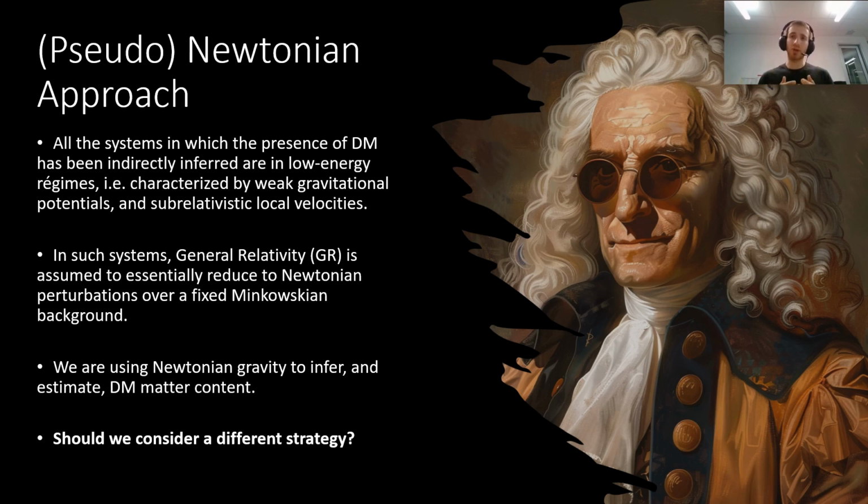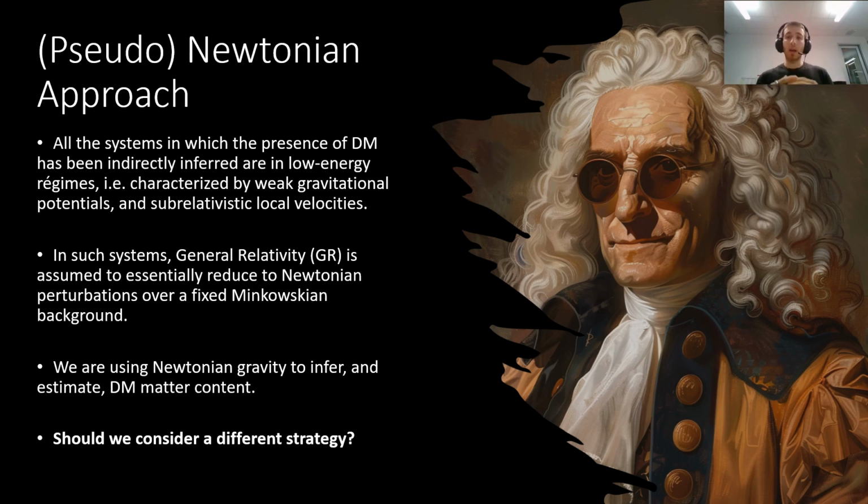All the systems in which dark matter presence has been inferred are in a low energy regime, which means that we're talking about subrelativistic local velocities and weak gravitational potentials that cannot accelerate the components of the system to relativistic velocities.